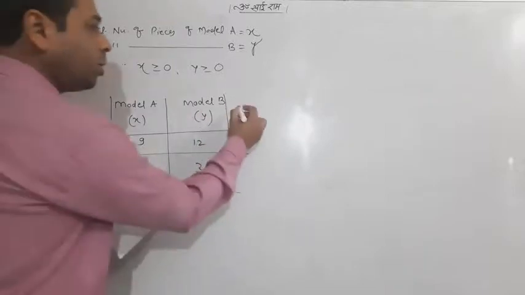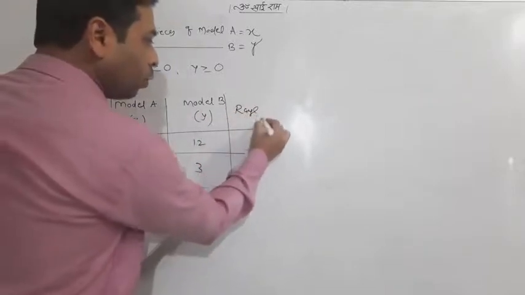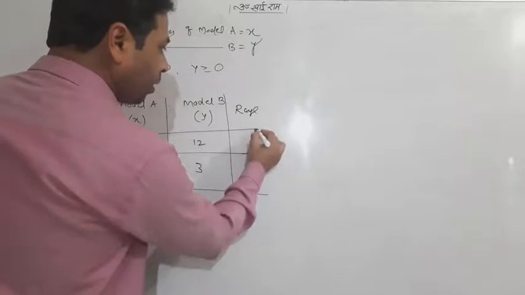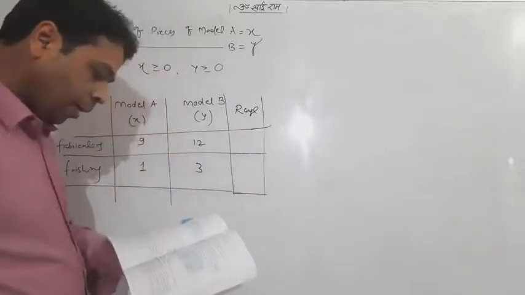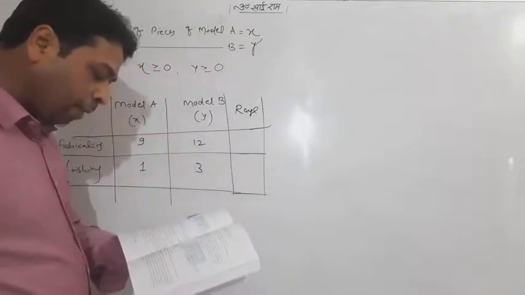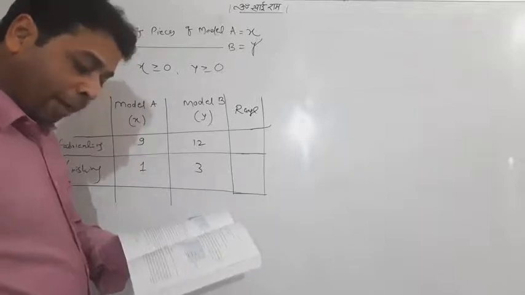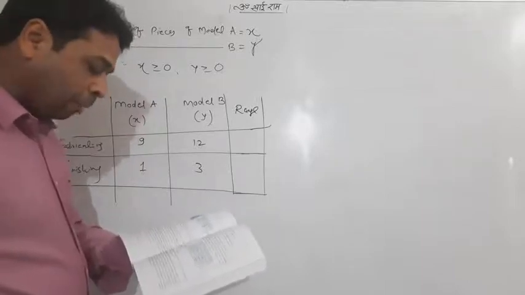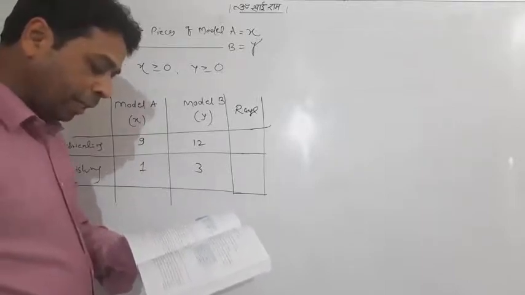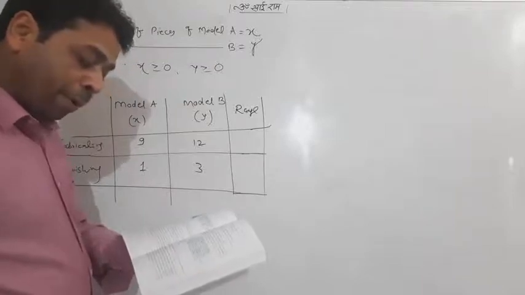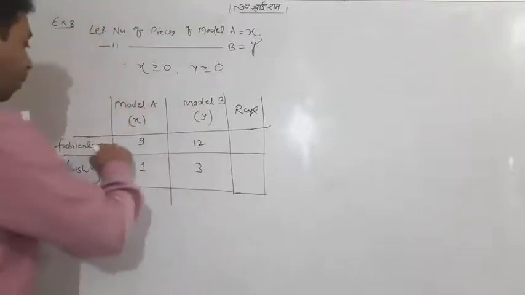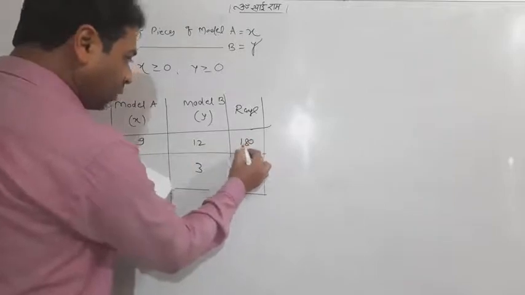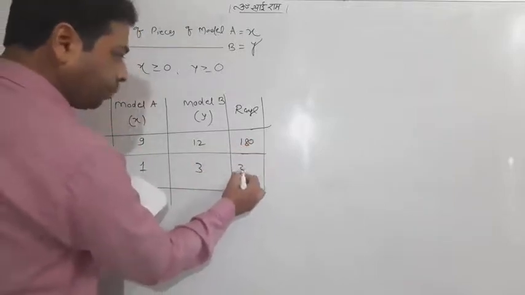And here the range is given. Can you see what is the meaning of the range? It is told here that for fabricating and finishing, the maximum labor hours available are 180 and 30. So for fabricating we have a total of 180 hours, and for finishing a total of 30 hours.